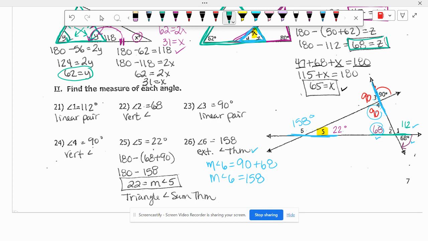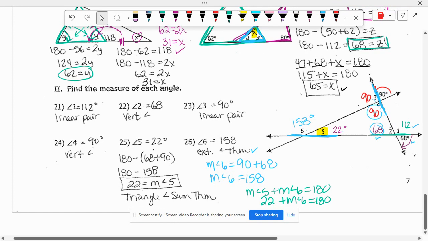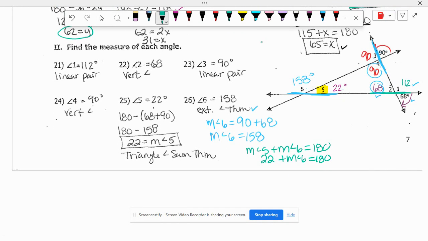Or you can use the fact that it makes a linear pair, the measure of angle 5 plus the measure of angle 6 equals 180 because the linear pair is supplementary. 22 plus the measure of angle 6 equals 180. And when you subtract 22 from both sides, you find out that the measure of angle 6 equals 158.